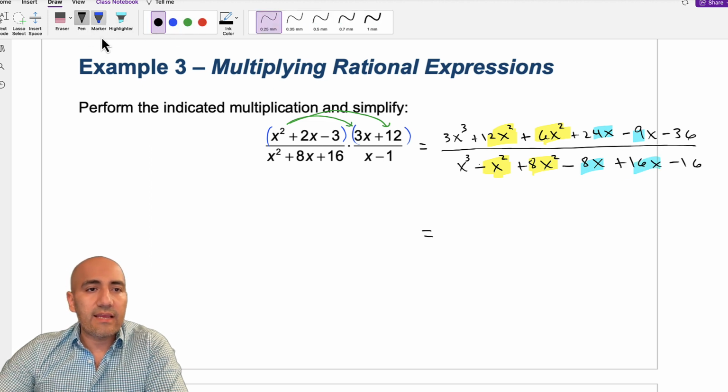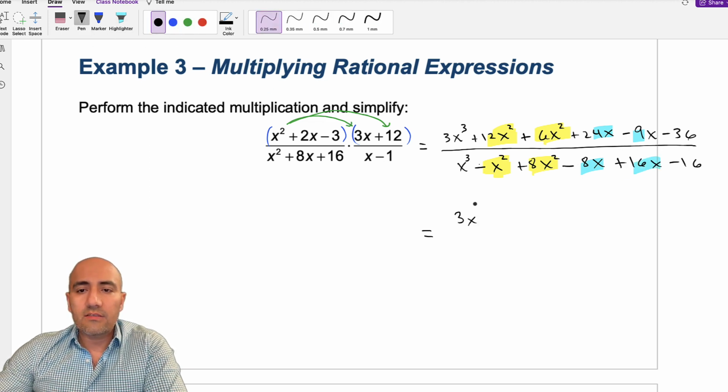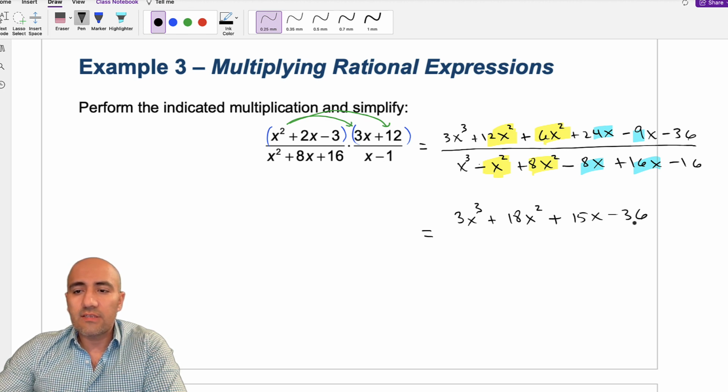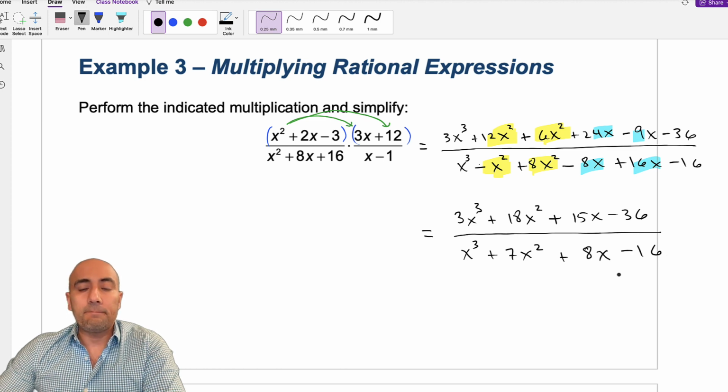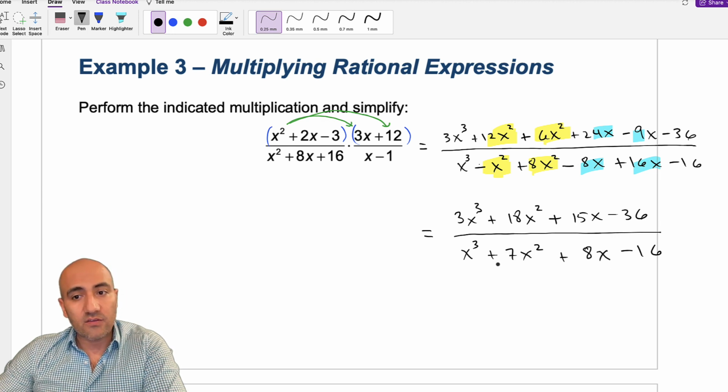So this simplifies down to 3x cubed plus 18x squared plus 15x minus 36 divided by x cubed plus 7x squared minus 16. So while that's technically correct, we are expected to always provide the simplest answer.